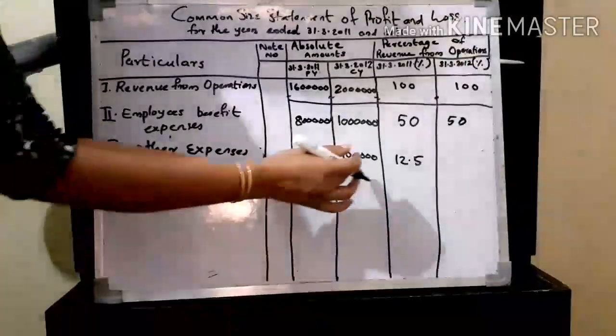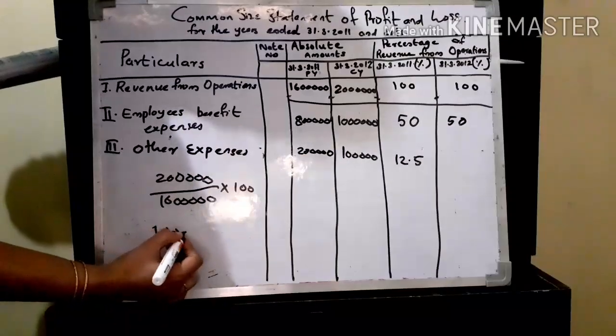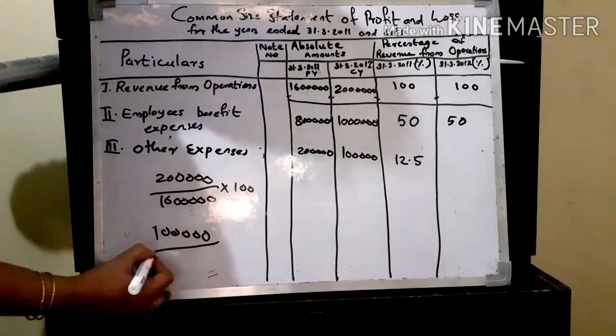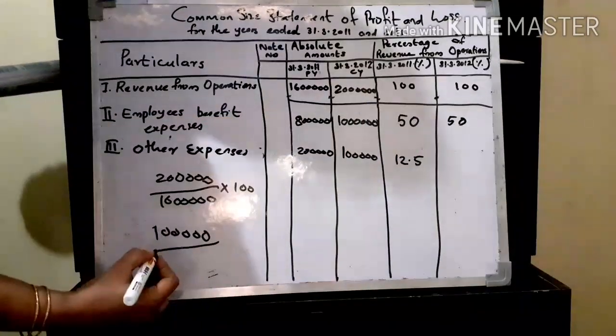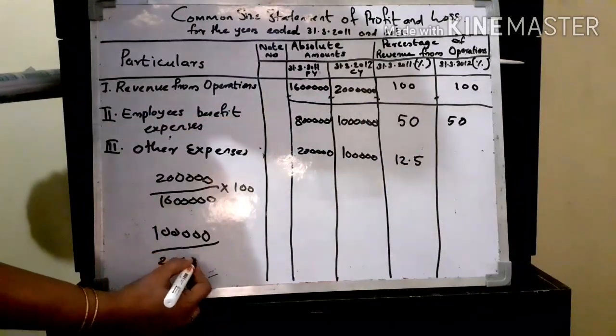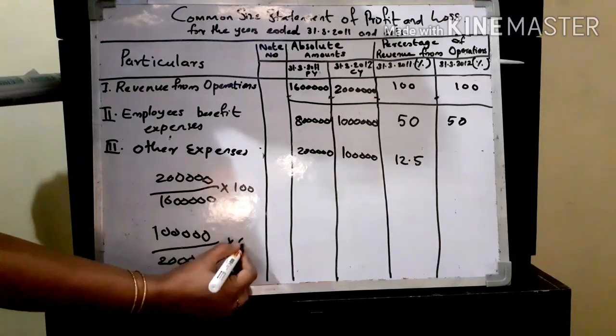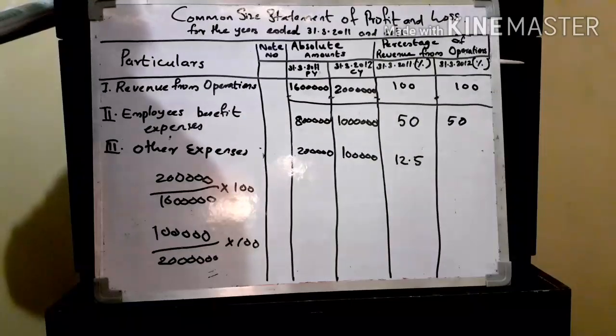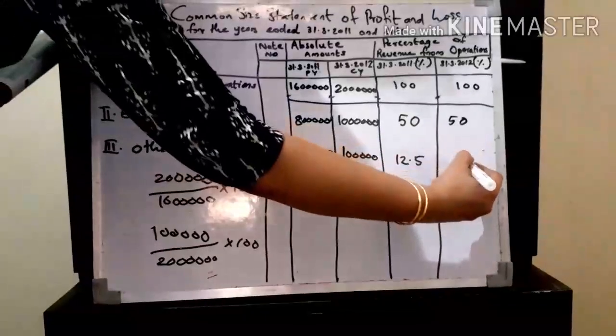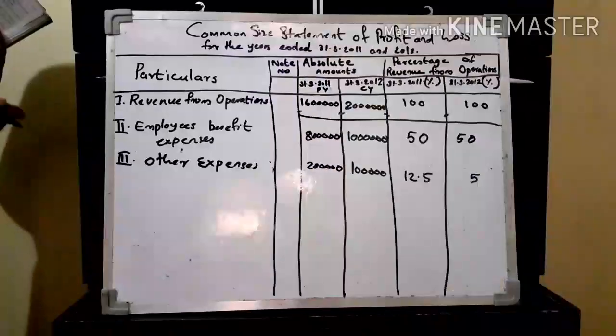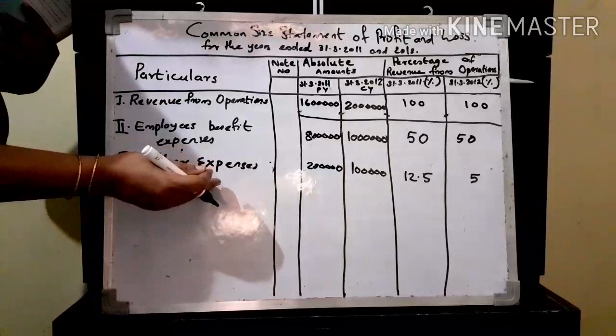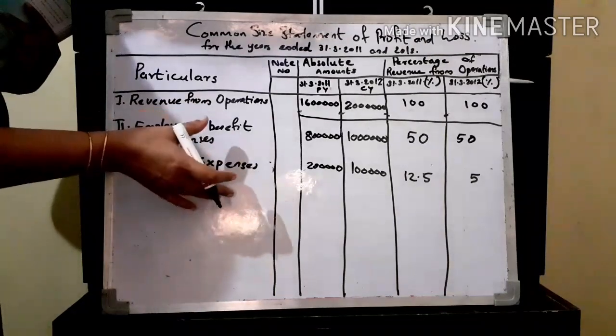Then 1 lakh divided by 20 lakhs into 100, that is 5. So only 2 expense items are given in the question, and both are over.